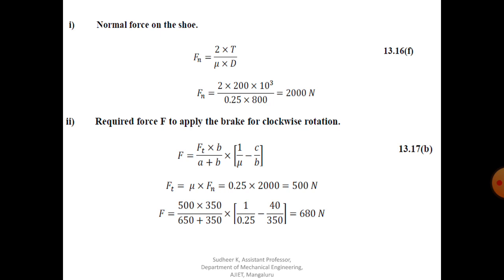So the answer will be 680 Newton. That is the required force F to apply the brake for clockwise rotation. The value may be different for anti-clockwise direction. In such a case you have to use the next equation in your data book, 13.17c.